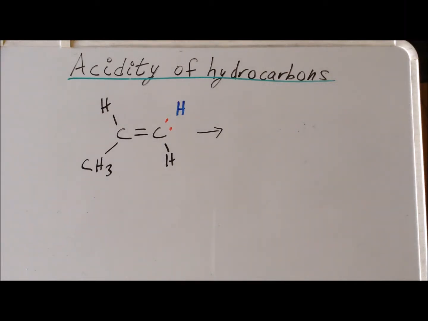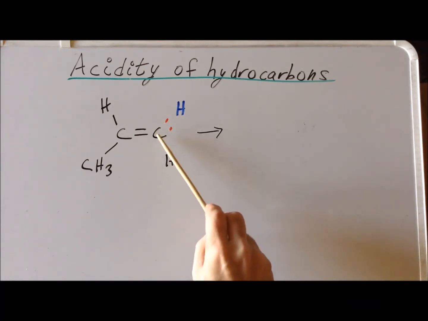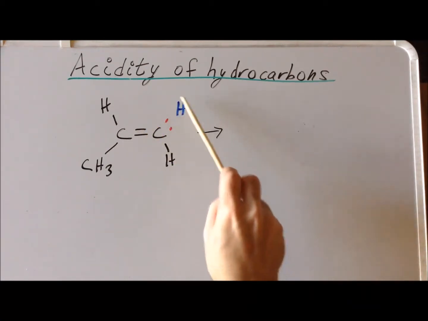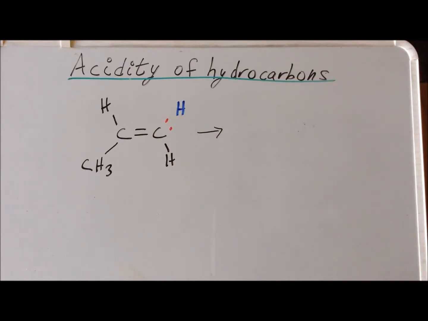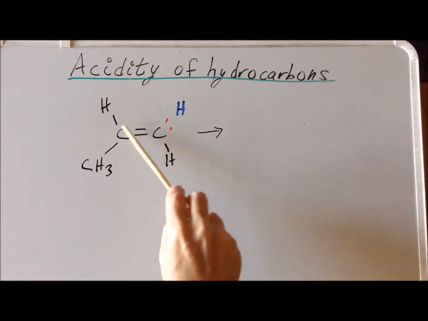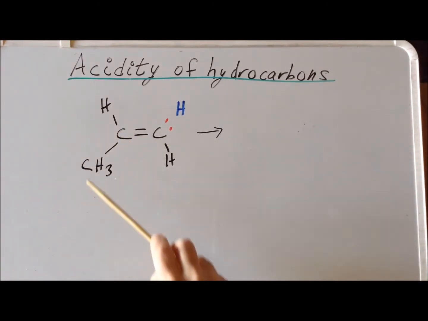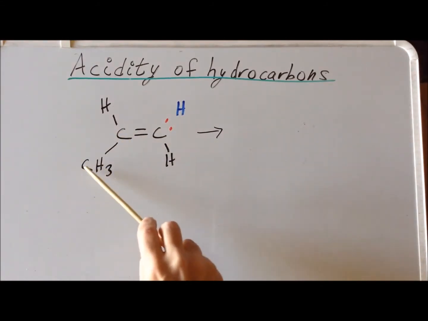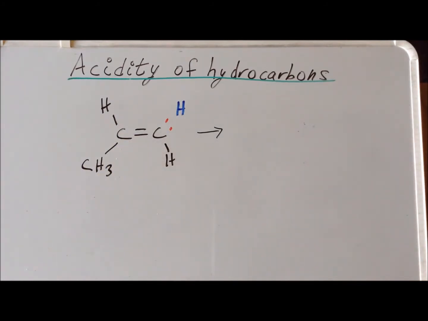The next alkene in our series is propylene, also called propene. Notice here that this carbon is sp2 hybridized, and this is the particular carbon whose acidity we're going to be examining. But also note that this carbon here is also sp2 hybridized, and that this carbon, since it's singly bound to the neighboring carbon, is sp3 hybridized.